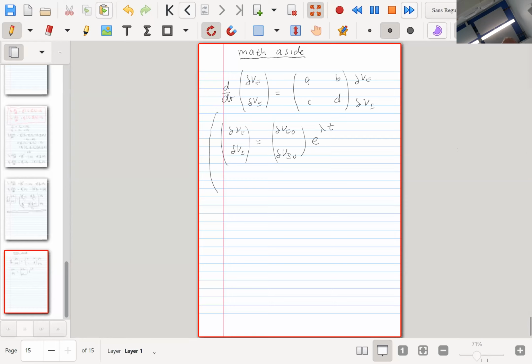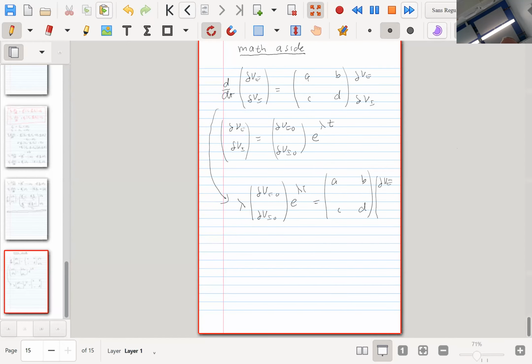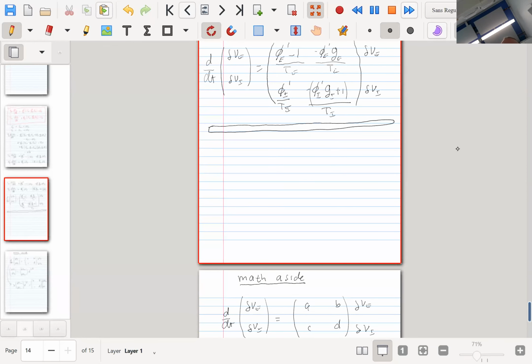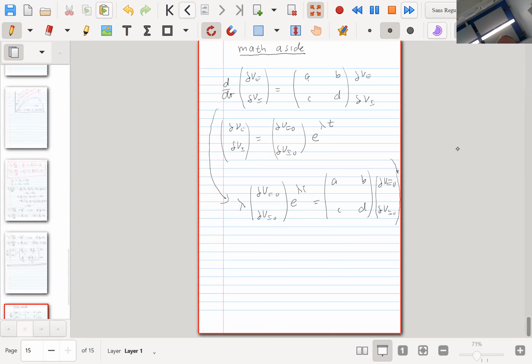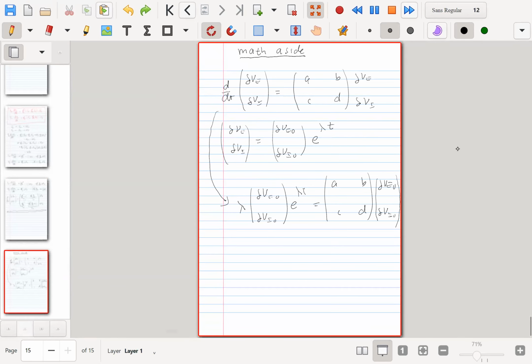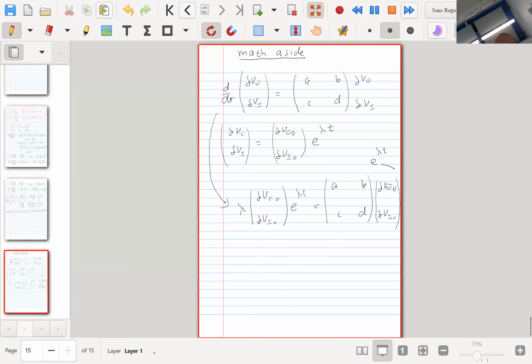When we plug this in, we get lambda times delta nu e 0, delta nu I 0, e to lambda t equals a, b, c, d times delta nu e 0, delta nu I 0, and in here is an e to lambda t, which goes in here, and the e to lambda t's cancel. So basically, we just have a matrix equation. We're out of time. I'll stop here.